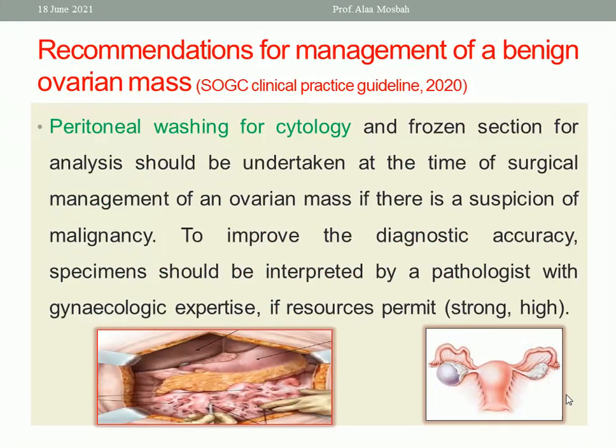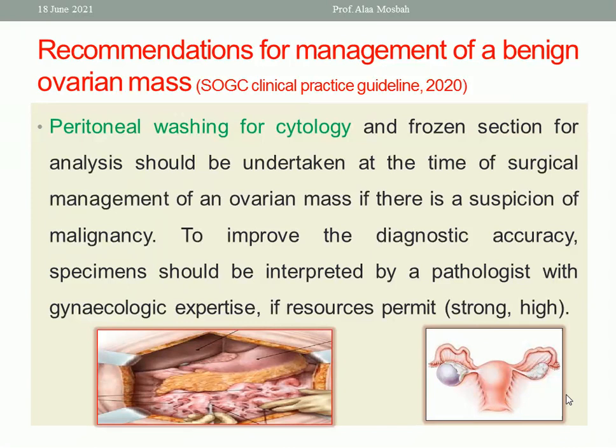Peritoneal washing for cytology and frozen section for analysis should be undertaken at the time of surgical management of an ovarian mass if there is suspicion of malignancy. If you are going to operate on a lady and you are diagnosing her as having a benign ovarian mass, then during laparotomy you were surprised by signs suggesting malignancy, what are you going to do?